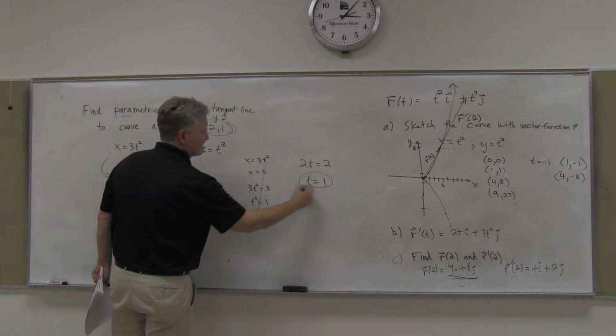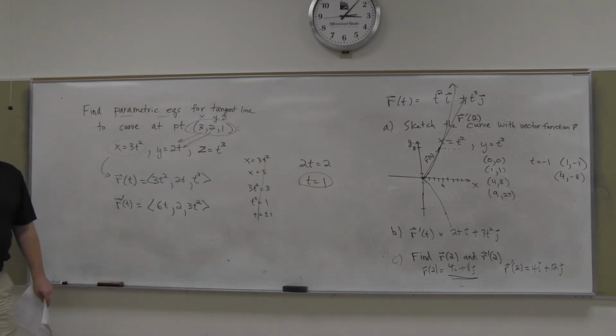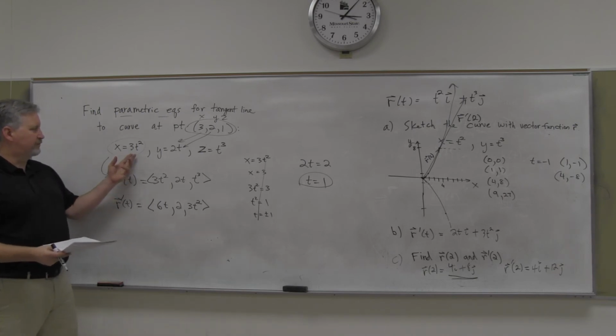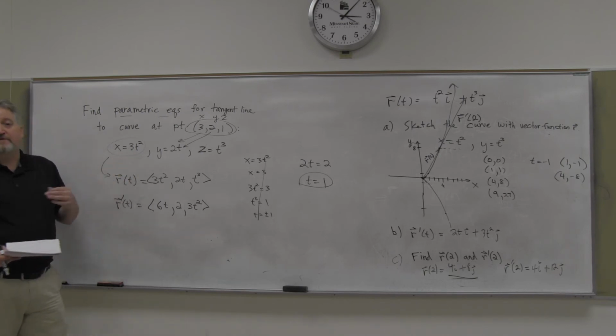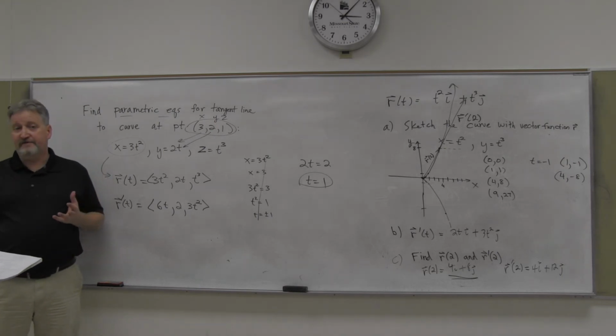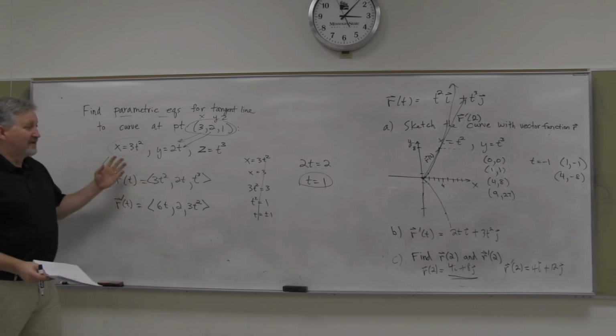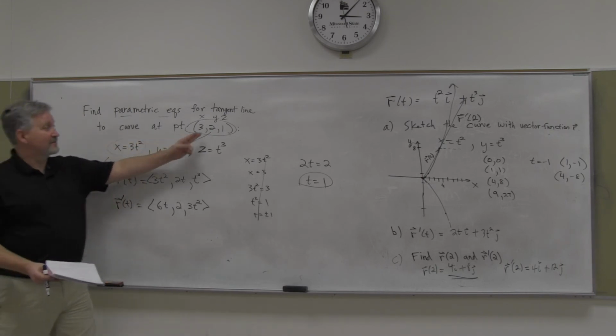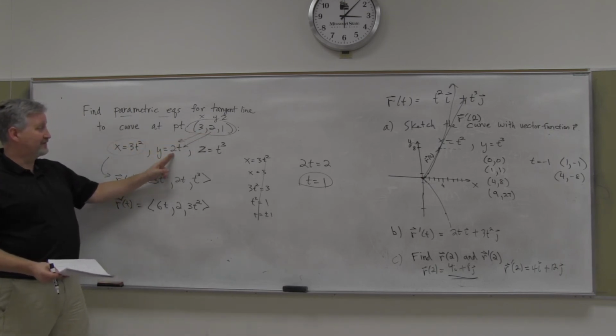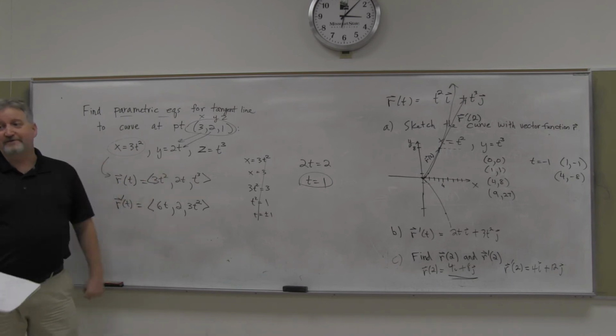So we probably want to use the y equation here. Be careful on that. With x, you could say it could be 1 or negative 1, so you might think there might be 2 tangent lines here. Sometimes they might trick you like that, but since y is 2 and y is 2t, there's only one solution here.